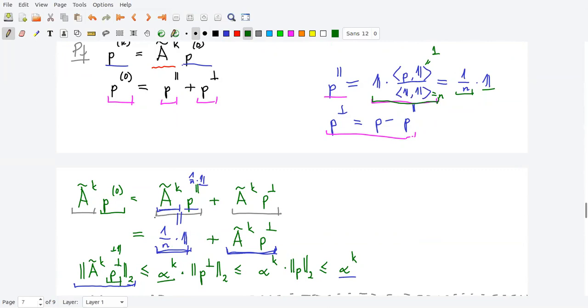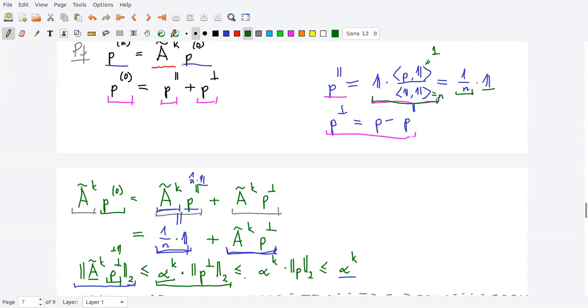So every application of the normalized adjacency matrix shrinks the vector by a factor of at most alpha. So I now have this inequality: it is upper bounded by alpha to the power k times the L2 norm of p perpendicular.